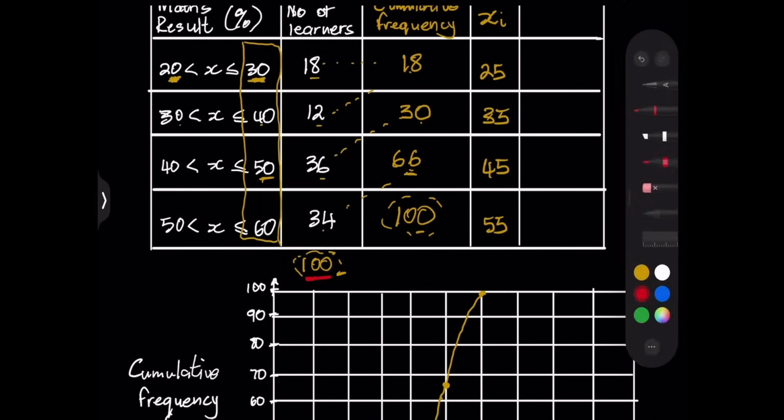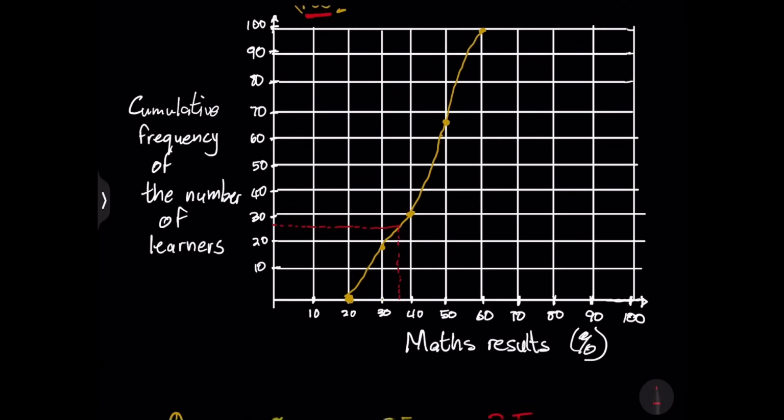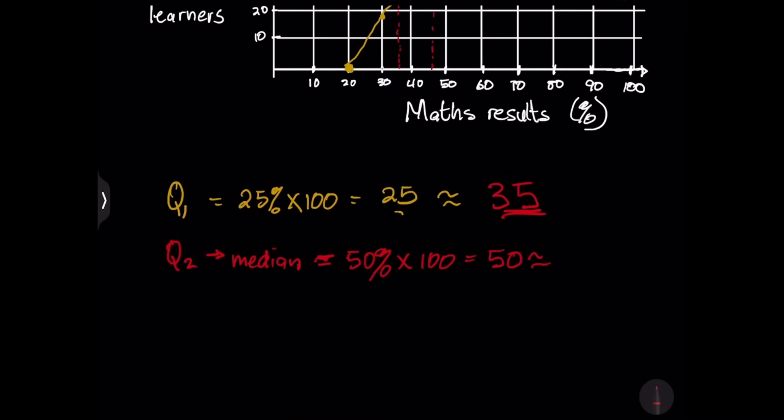In this case, that would be 50. So 50% of 100 is 50. Now I'm going to find the value that corresponds to 50. I go to my graph, and the value that corresponds to 50, I would say, is about 46.